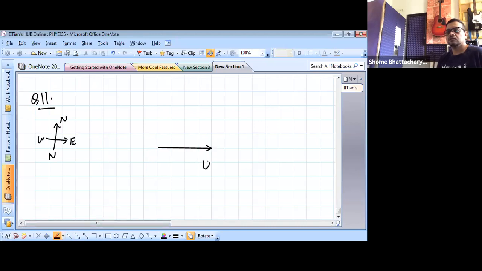This is our initial velocity vector, and it's 5 meters per second. Then it changes its direction towards north, so our final velocity vector is this, and its final velocity is also 5 meters per second, but is pointing northwards.